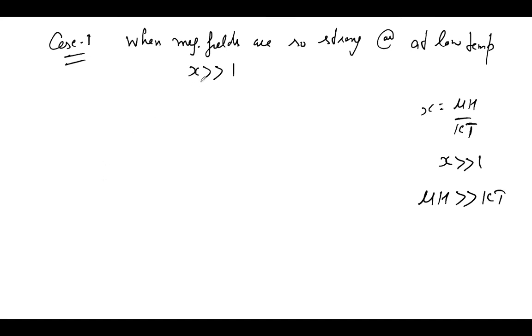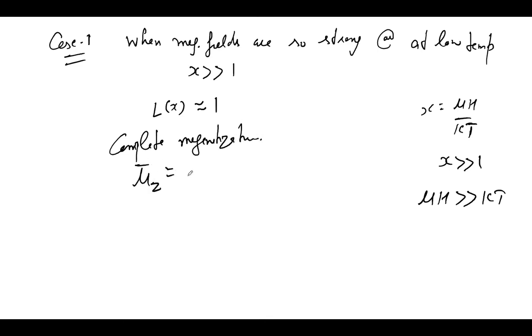In this case, when x is much greater than 1, the Langevin function is considered as having the maximum value. At this state the system acquires the state of magnetic saturation, or complete magnetization. So mu z in this case is equal to mu, and Mz will be equal to mu times n.